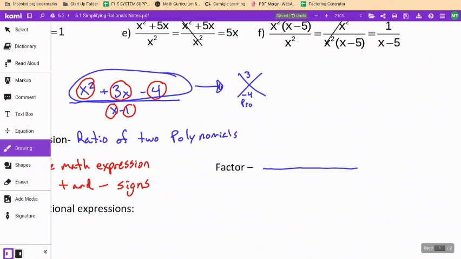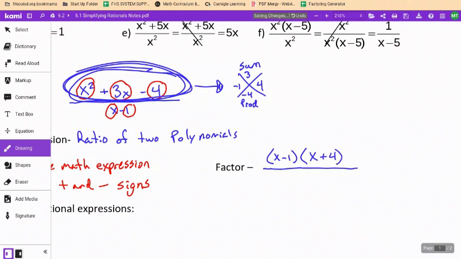So remember, I'm looking for two numbers that have a product of -4 and a sum of +3. That is -1 and +4. So this numerator, x squared plus 3x minus 4, factors to be x minus 1 times x plus 4. And my denominator, the x minus 1, just stays x minus 1.